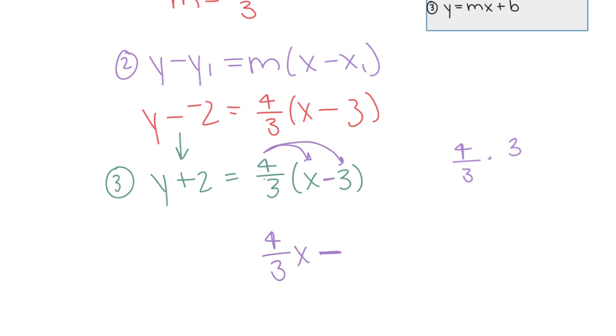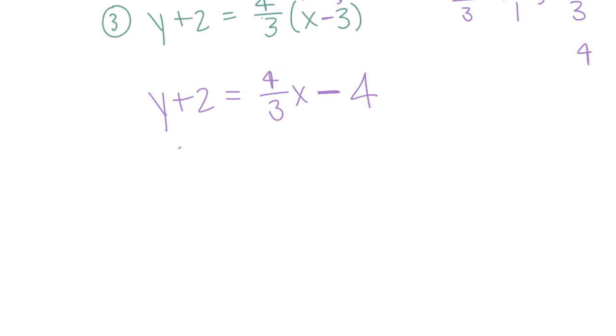Again, alpha y equals, 4/3 times 3. Gives you 4. Then subtract it.